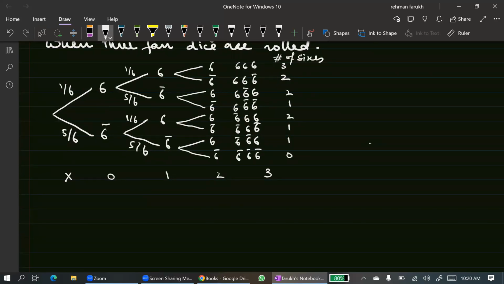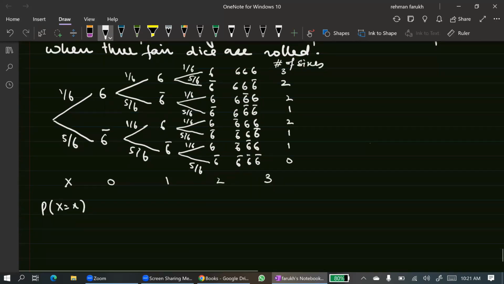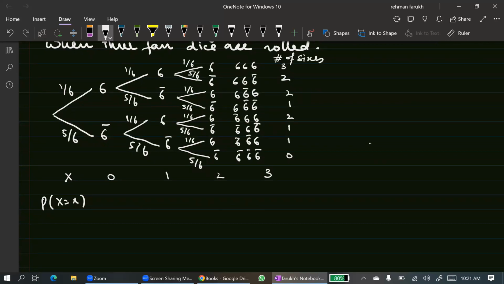The probability for x equal to 0 is 5 by 6 into 5 by 6 into 5 by 6. That is 5 by 6 cube.